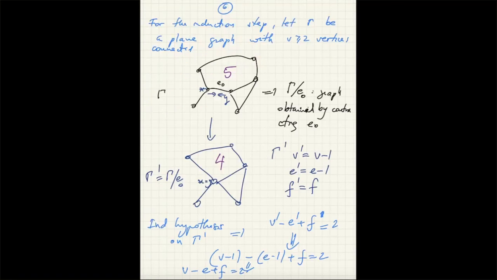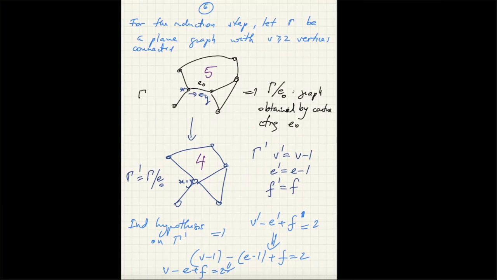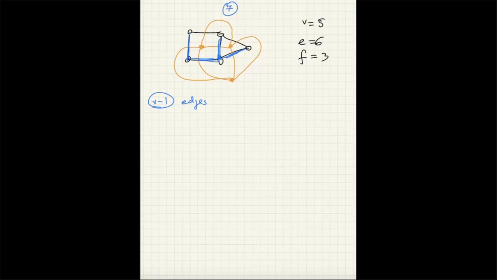And then the remaining edges, the other edges that are here, correspond to these edges in the dual, and they form a spanning tree.